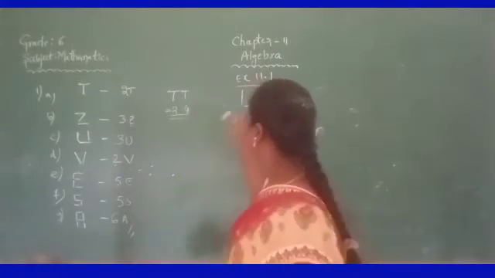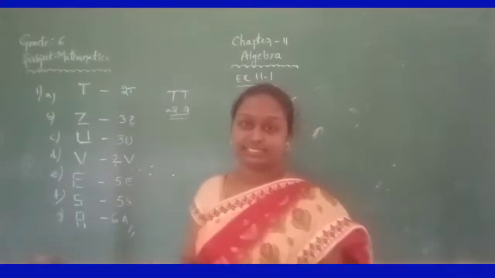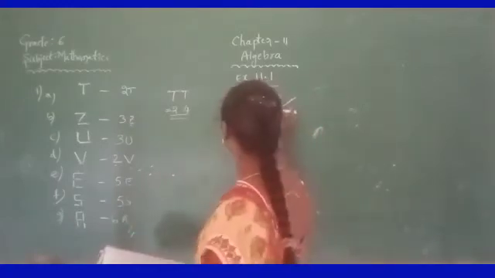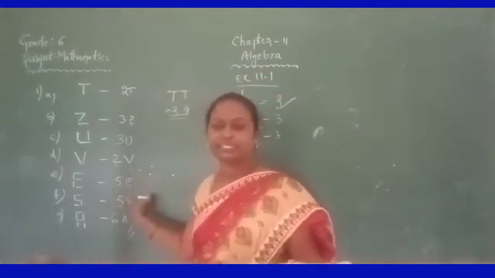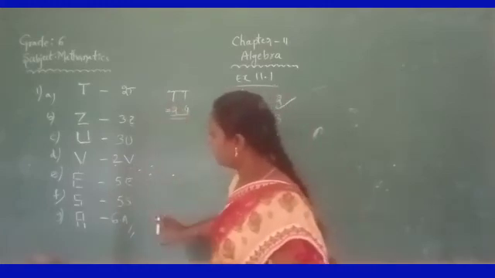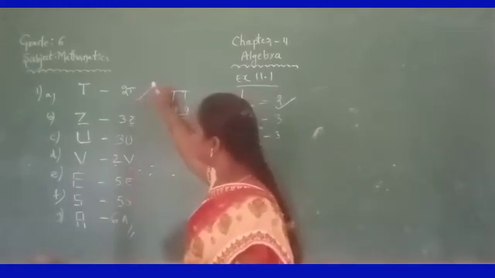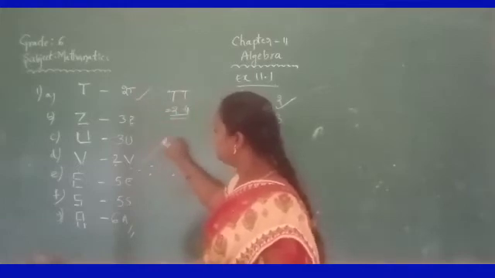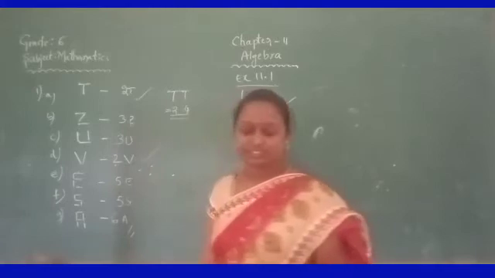So what is the pattern for L? 2. Yes. Which letters in question number 1 follow this? Exactly, the letter T and the letter V. The remaining all are the 3 pattern, 5 pattern and 6 pattern.